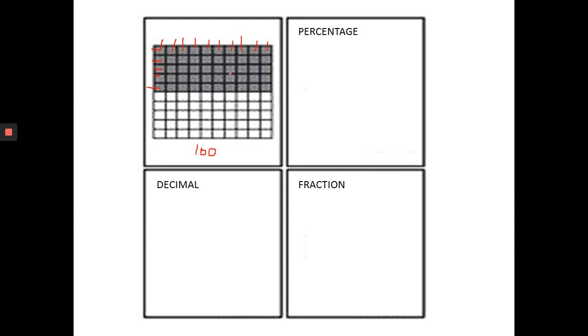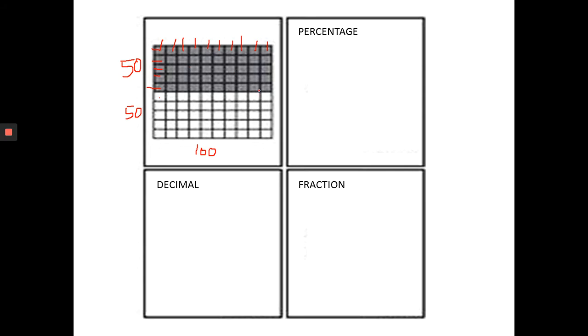So 10, 20, 30, 40, 50. That means black parts are 50 and the white squares are 50 also. So that means half, right?